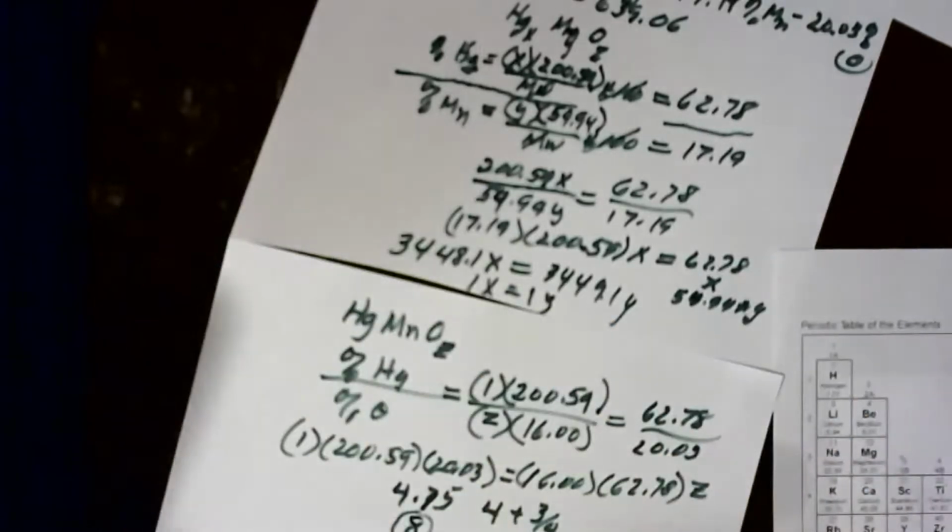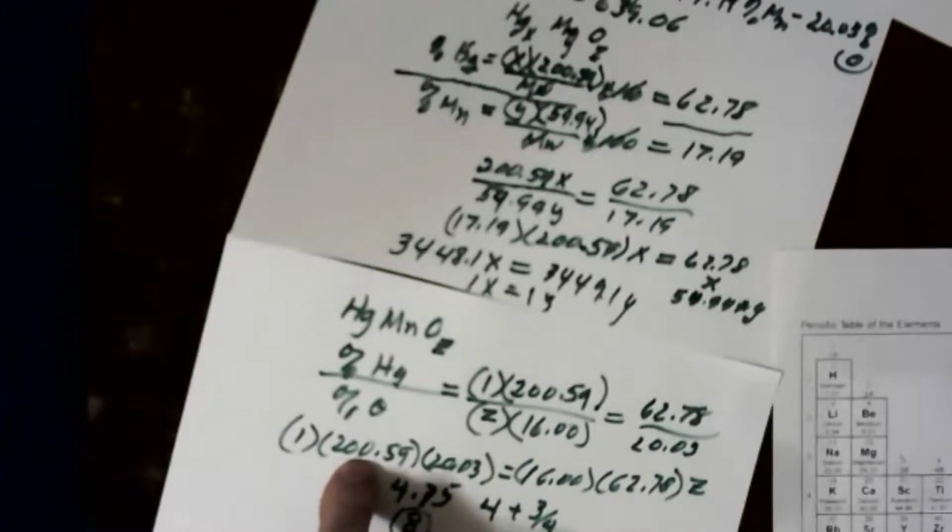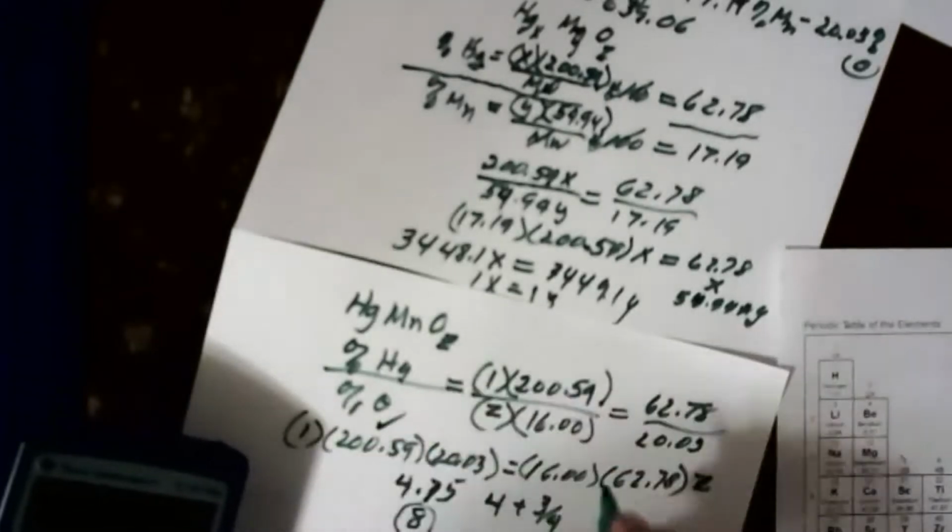Let me double check and see if my math is okay. I need to see this screen just a little bit better. Okay, now, all right, and let's see, I had 200.59, that is the correct weight for mercury, I think. Hg is right there, 200.59, so that is the correct molecular weight.